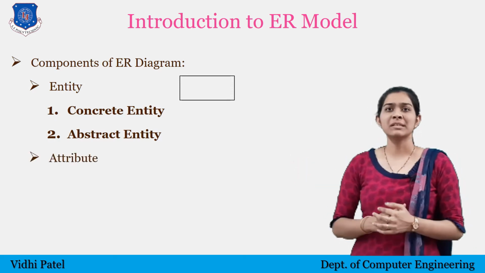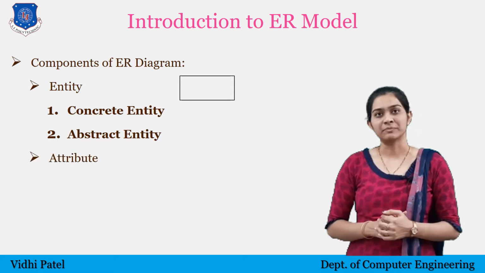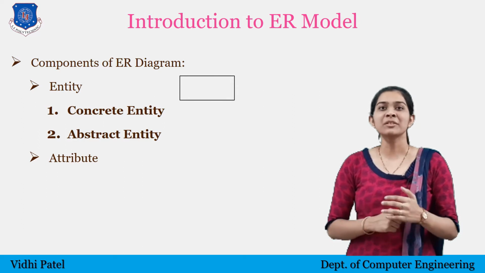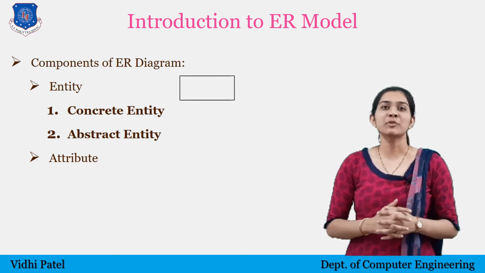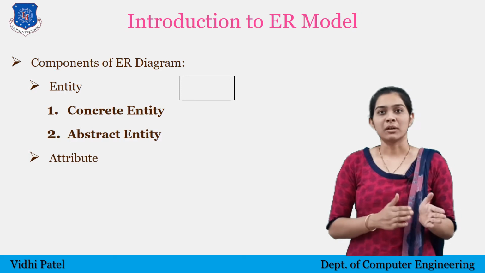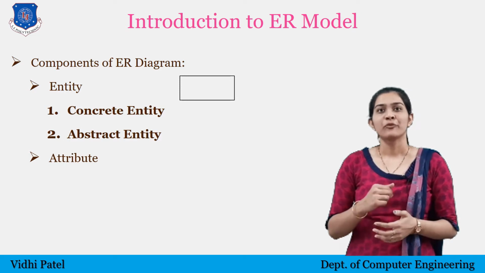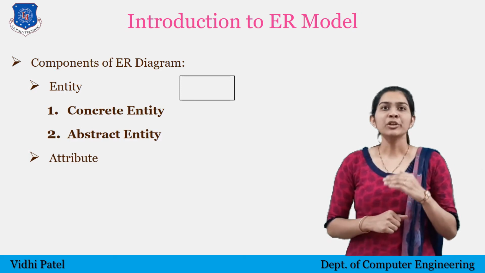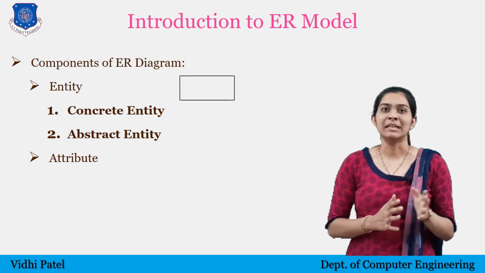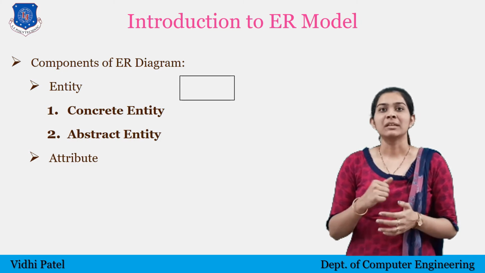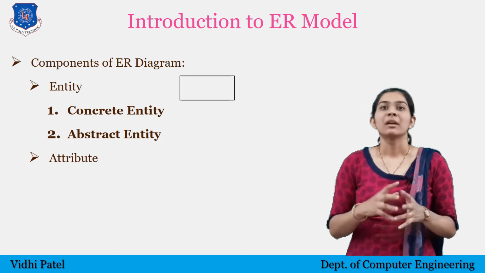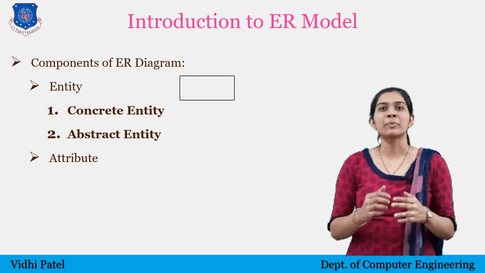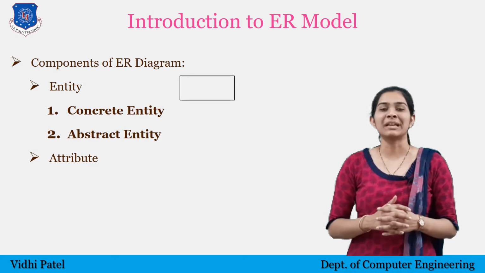Next component is attribute of ER diagram. An entity possesses certain properties. The value of these properties distinguishes one entity from another entity. For example, the property of a customer include customer ID, name, address and contact number. It is called as an attribute. Attributes are descriptive properties possessed by each member of an entity set.